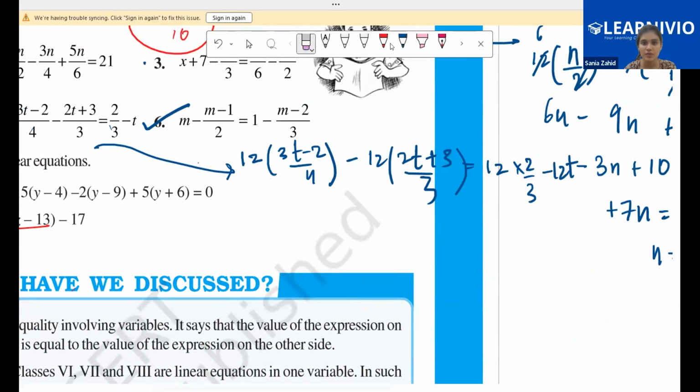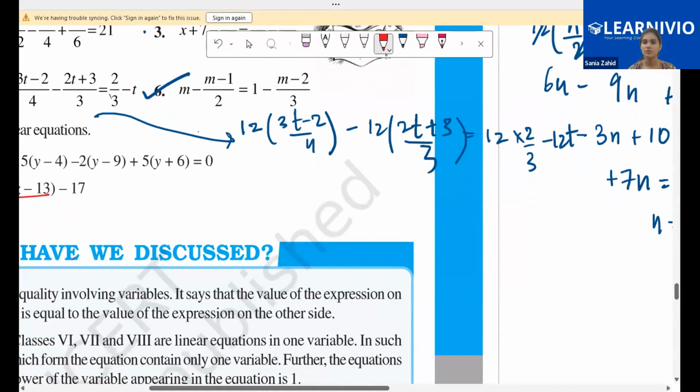Now, next step. Duha, you tell me. Ma'am, we cancel 12 and 4, we get 3. And we cancel 12 and 3, we get 4. And again, we cancel 12 and 3, and we get 4 again. So now my answer becomes, tell me the answer also, Duha.